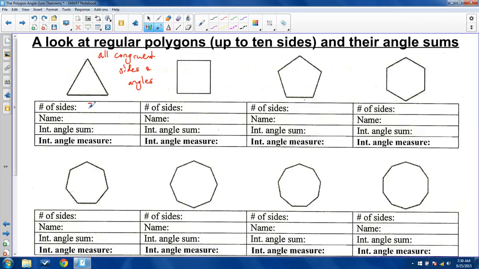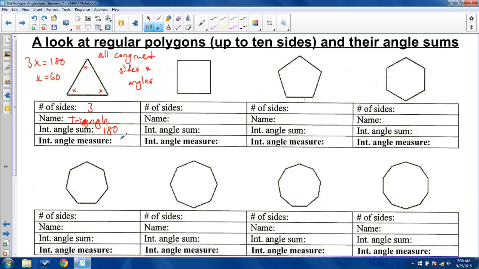The number of sides for this one is 3. The name of it is a triangle. Whoa. The interior angle sum is 180 degrees. The interior angle measures are each the same amount, all congruent sides and angles. So if these are each unknown values x, then 3x equals 180, so x equals 60.